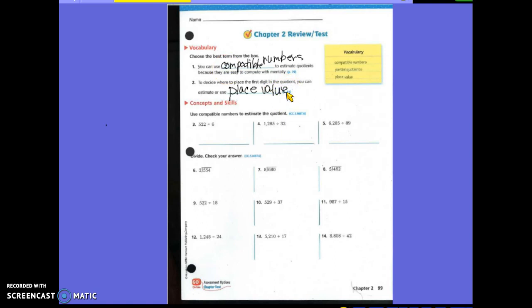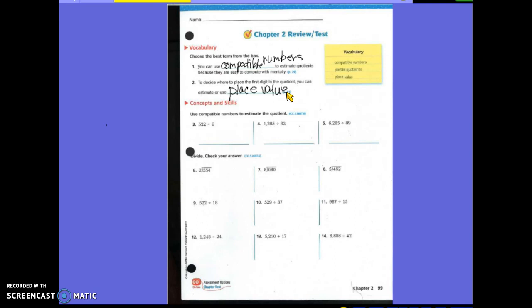Use compatible numbers to estimate the quotient. If we leave our 6, what is a multiple of 6 that's close to 522 or close to 52? 48. Or what's one bigger than that? What's the next multiple of 6? 54.